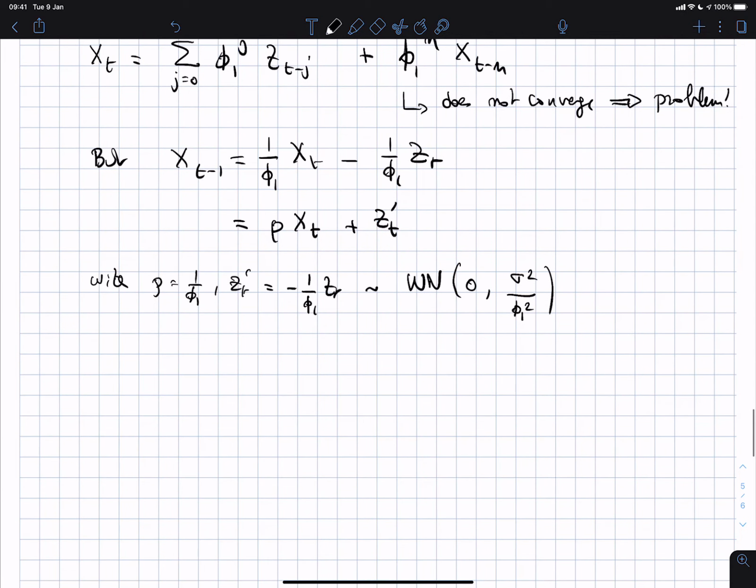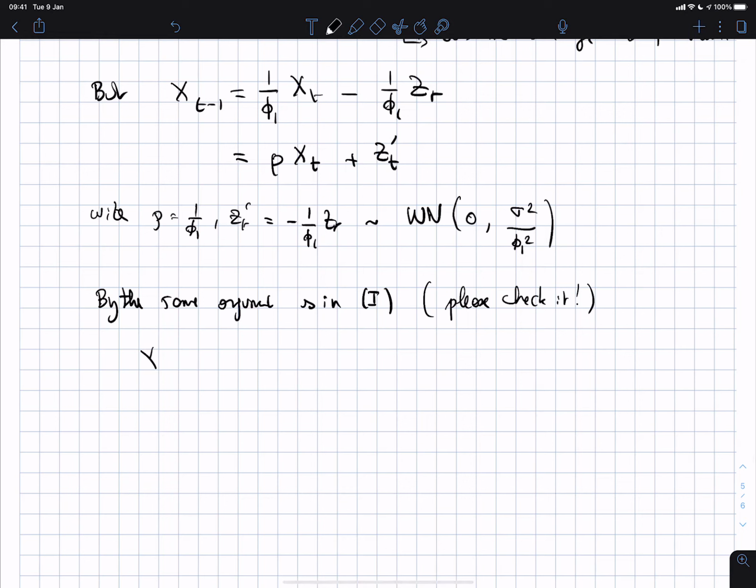The problem with this is that, by the same argument as in point 1, please check it. Make sure you agree, that you understand what I mean. We get that there is a neat solution to this equation here.